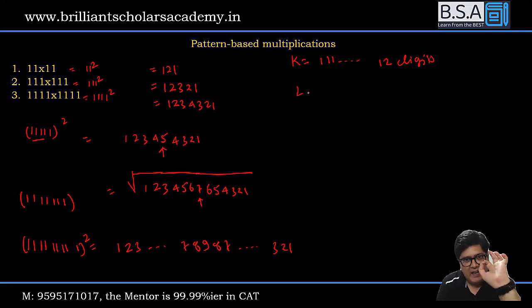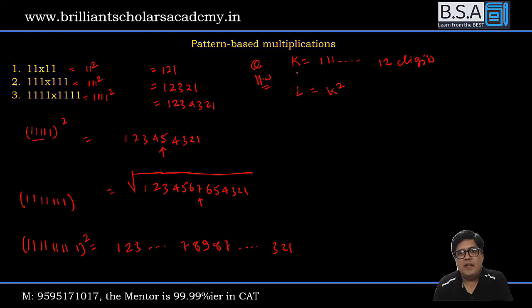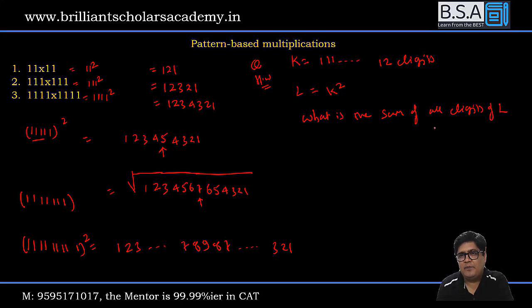There's a number L. L is equal to K square. It's a question I'm giving to you as homework. K is equal to 111, 12 digits. L is equal to K square. What is the sum of all digits of L?